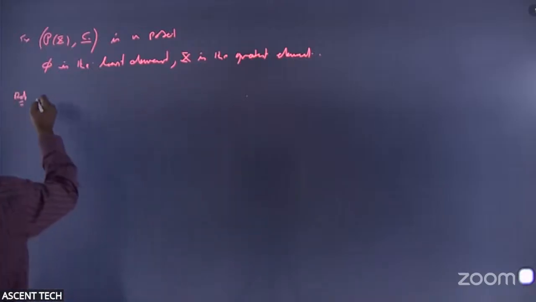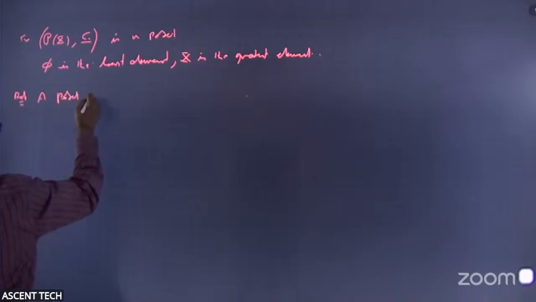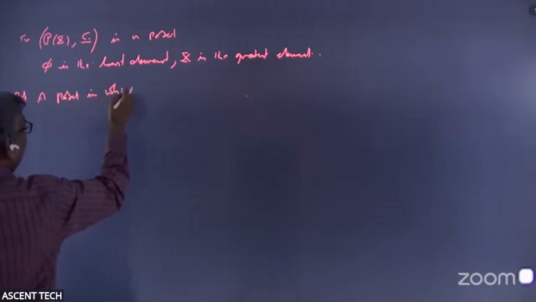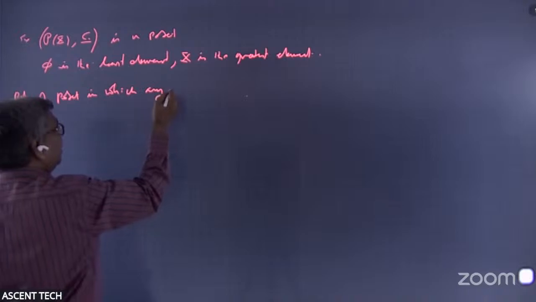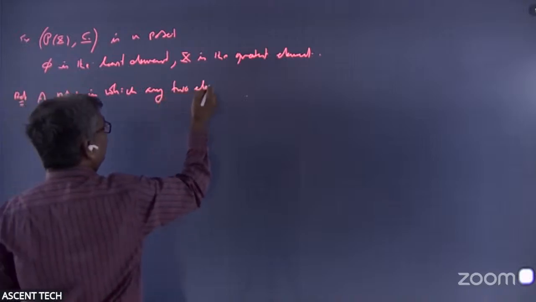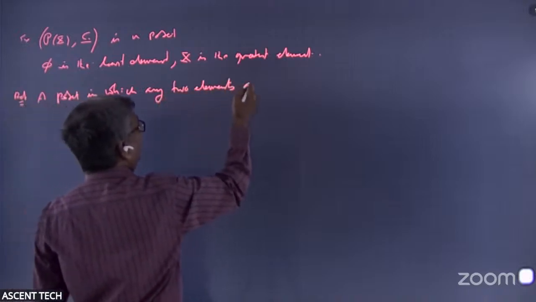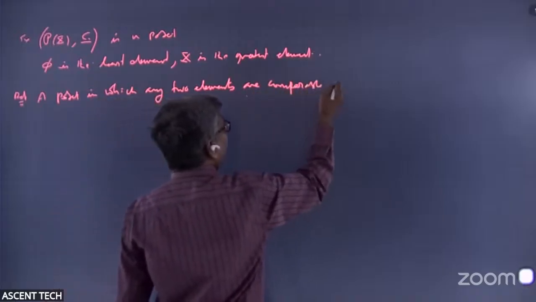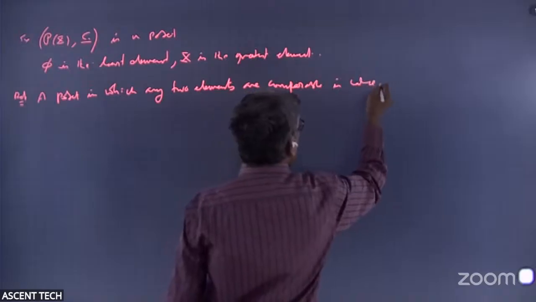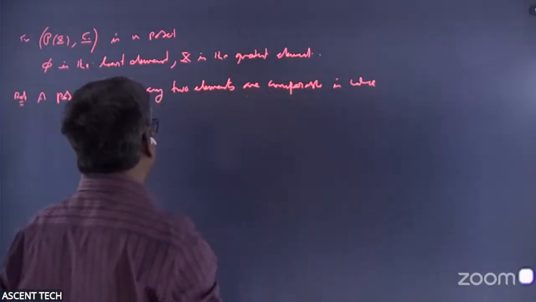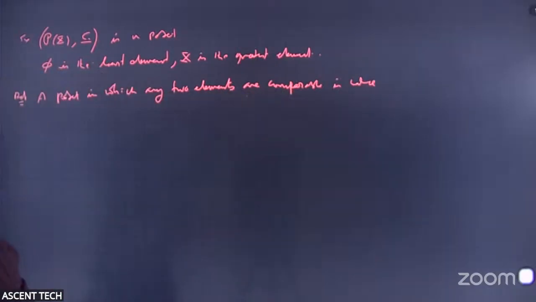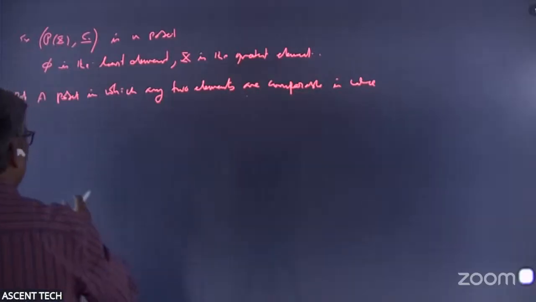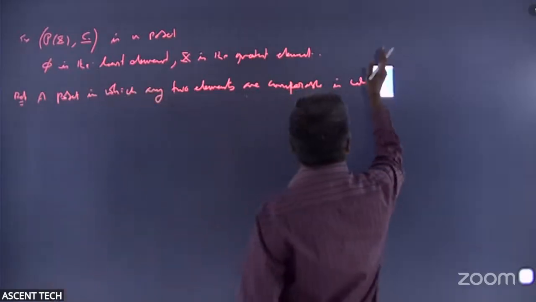A poset in which any two elements are comparable is called, or you can say an ordering which allows you to compare any two elements in the space is called a total order.